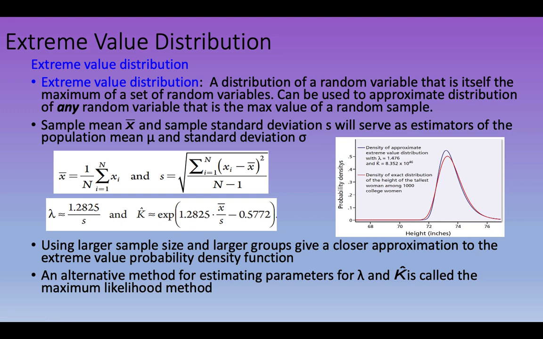And that has a very specific distribution. Here it's somewhere between 72 to 76 plus inches. And this distribution, just like a normal distribution, has a mean and has a variance, and we can calculate that and convert that into these lambda and k hats that we can then use to estimate the probability distribution.